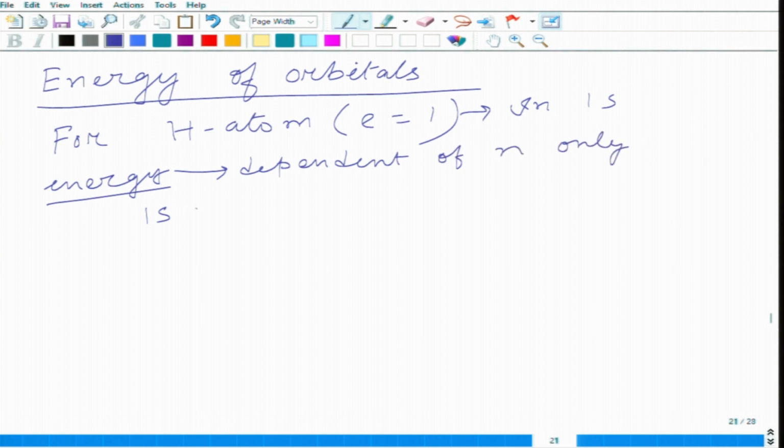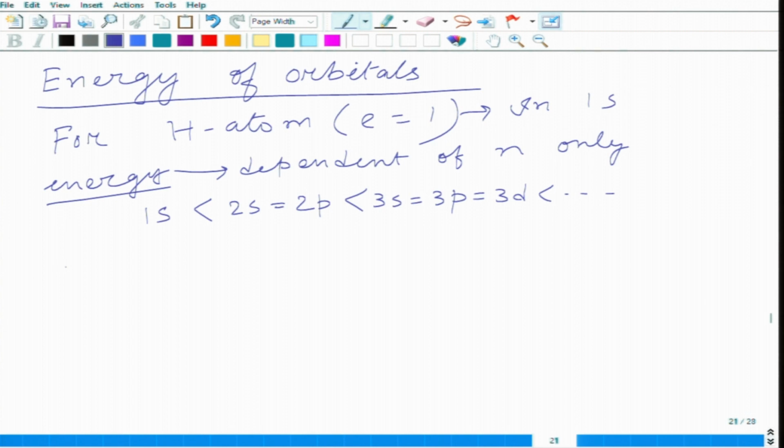So 1 is less than 2, so if n1 is less than n2 in energy. In n = 2 we know there are 2s and 2p. So for hydrogen atom, 2s and 2p had the same energy. Same for 3s, 3p and 3d and so on.